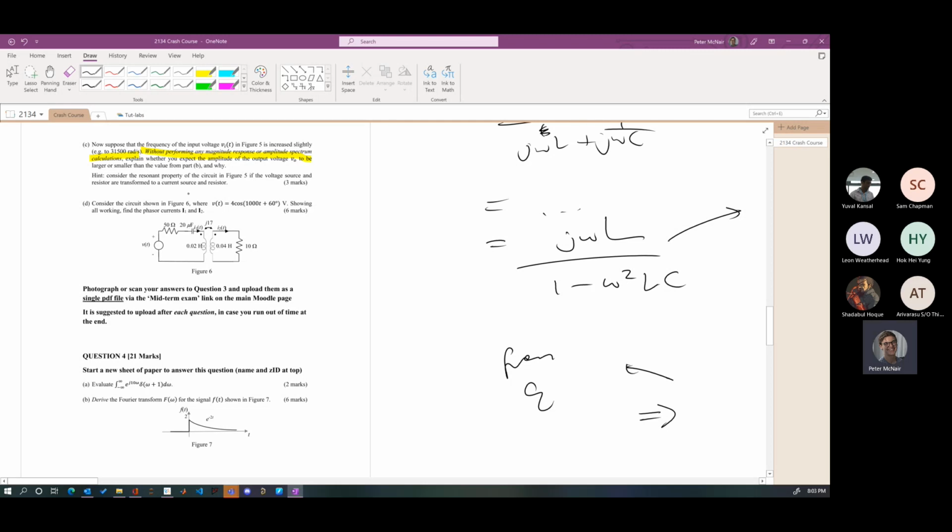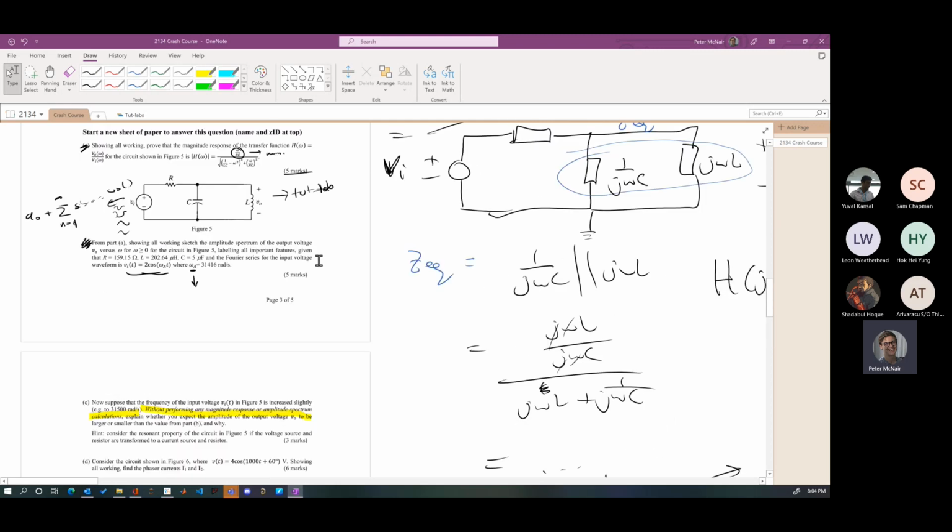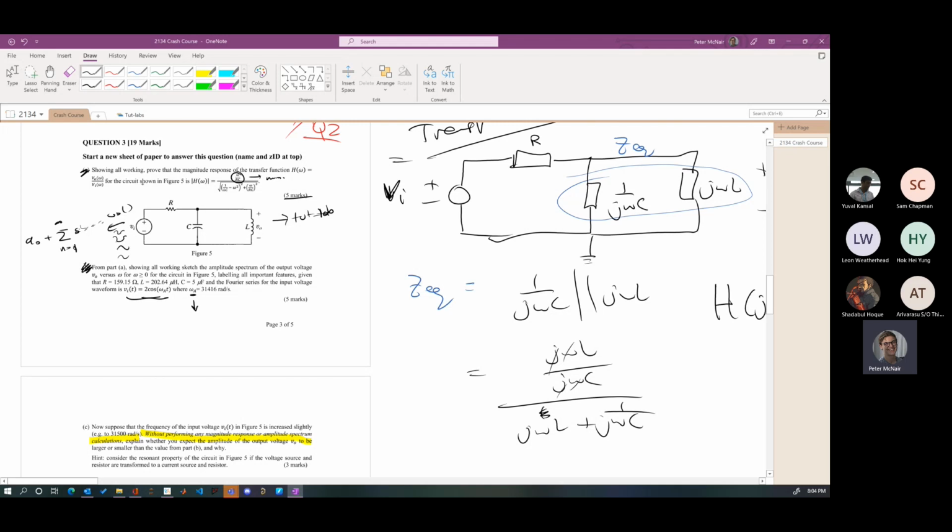And then the hint here is consider the resonant property of the circuit in figure 5 if the voltage source and resistor are transformed to a current source and resistor. So essentially it's asking you to turn this into a parallel resonant circuit.